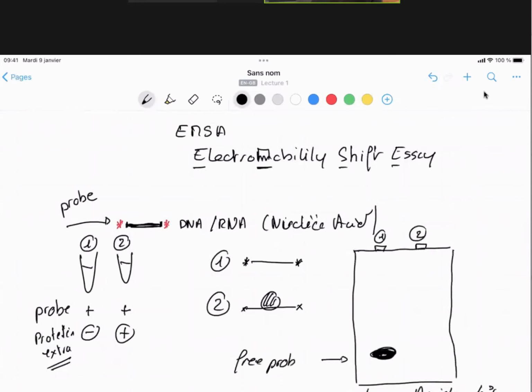and this is the size of what we call the free probe. We say free probe because it's completely naked, there is no protein on top of it, and this lane of the electrophoresis is just to show you the distance of migration of the bit of nucleic acid. Okay?